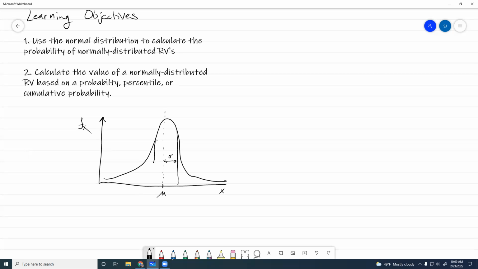I'm drawing these fairly arbitrarily, but they would be symmetrical. So that's 1 sigma. And then we can think about 2 sigmas, and then we can go all the way to 3 sigmas.